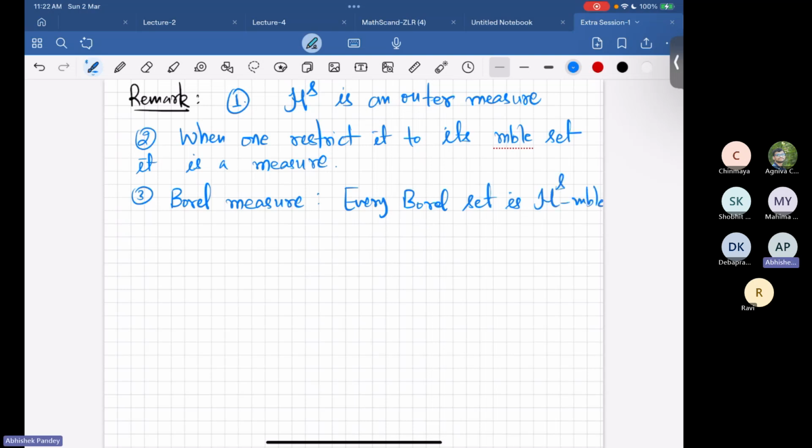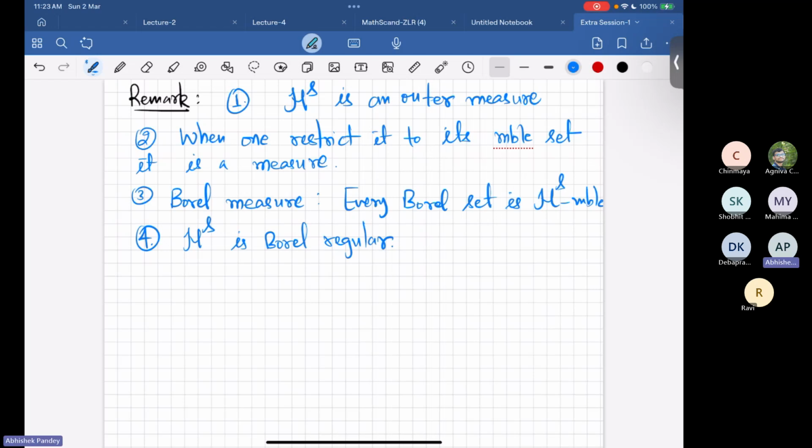We have more properties: it is also a regular measure, that is, Borel regular. It means that if you take any arbitrary set that is contained in a Borel set, the Hausdorff measure is equal. So H^s is Borel regular, and it has a lot of nice properties.